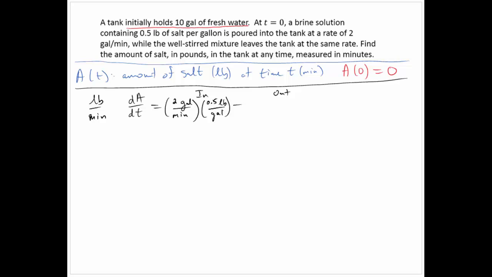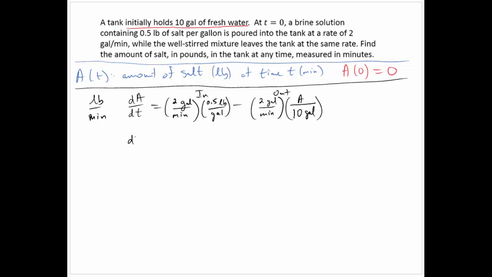How's it going out? It's leaving the tank at the same rate. So again, 2 gallons per minute. But now, how much salt is in it? Well, there would be A pounds of salt in the 10-gallon tank.